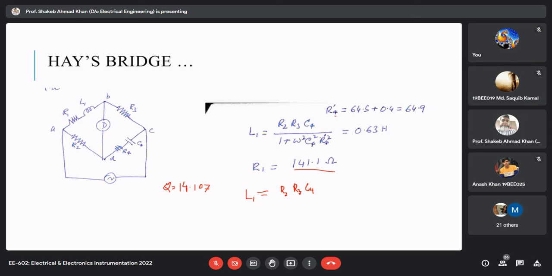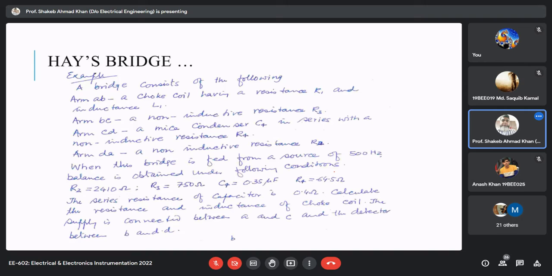Right. Because the frequency is given here, 500 hertz.